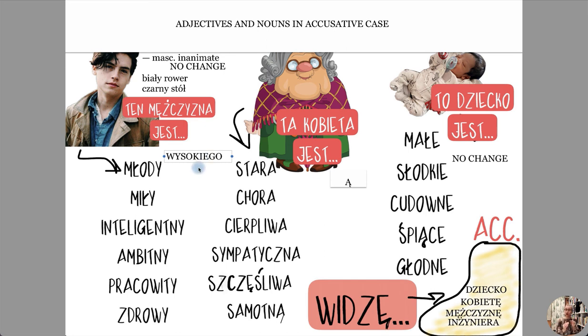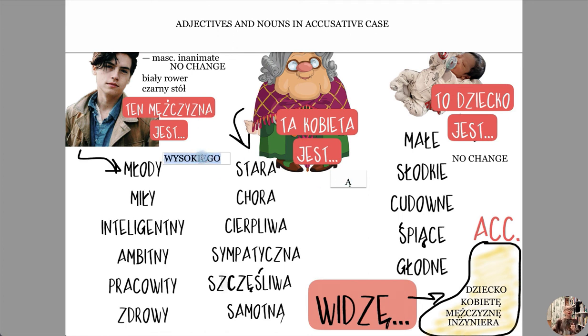So ego ending for adjectives, exactly the same ending as for genitive, right? But you have to be careful here when you've got a group of masculine nouns ending in a, treat them like those, right? So they will have the feminine accusative ending, which is ę. So if you see a tall man, you would say widzę wysokiego mężczyznę, okay?